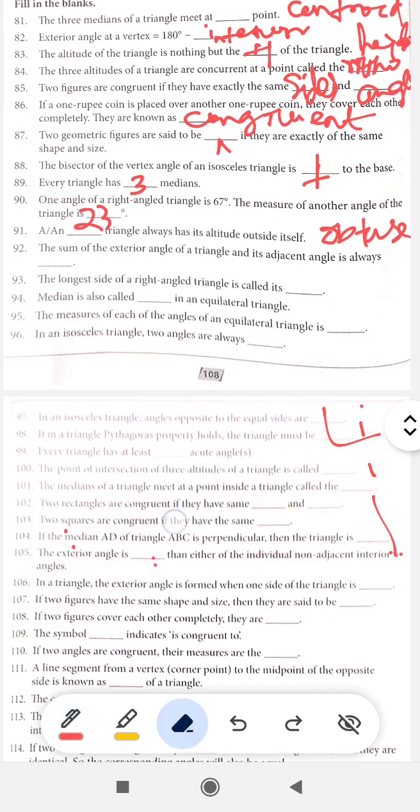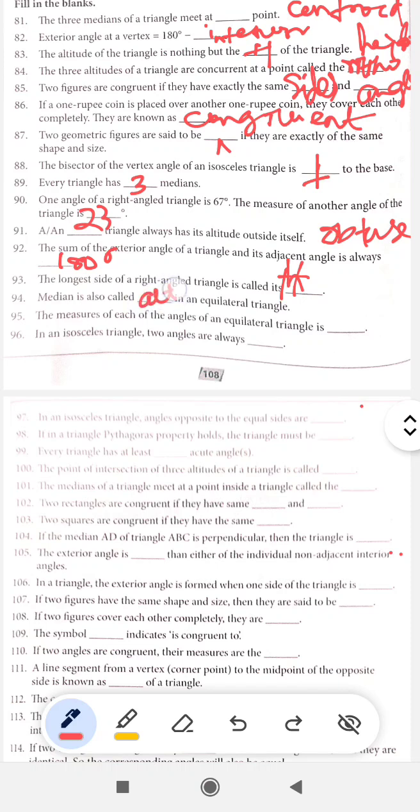Now the next part. Question number 92: the sum of the exterior angle of a triangle and its adjacent angle is always 180 degree. Next, the longest side of a right angle triangle is called the hypotenuse. Next, the median is also called dash in an equilateral triangle.